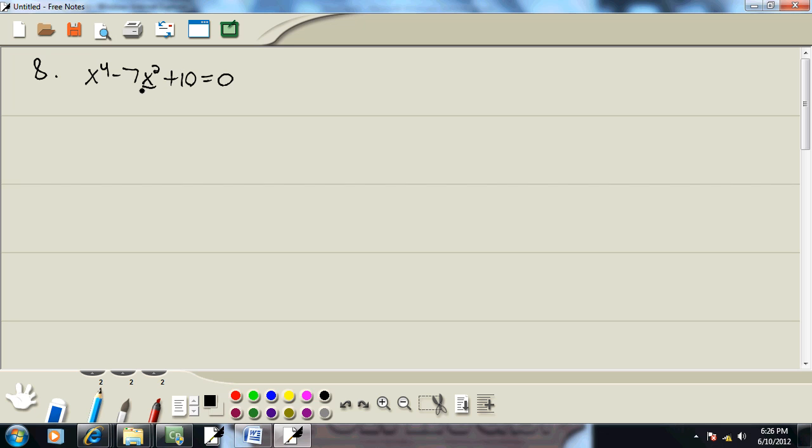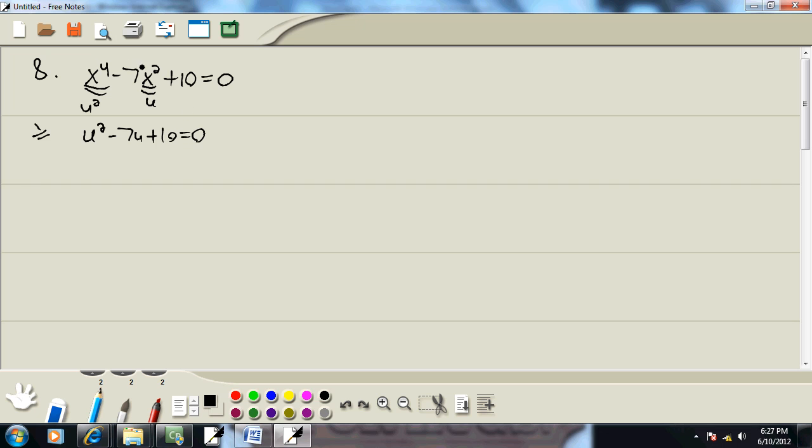And step 1, we're going to let u equal to x squared, the variable part of the middle, and we'll let u squared be the variable part of the first. So this becomes u squared minus 7u plus 10 equals 0.